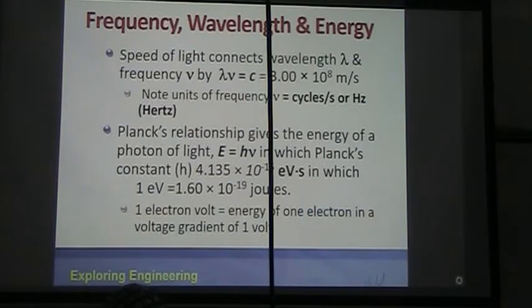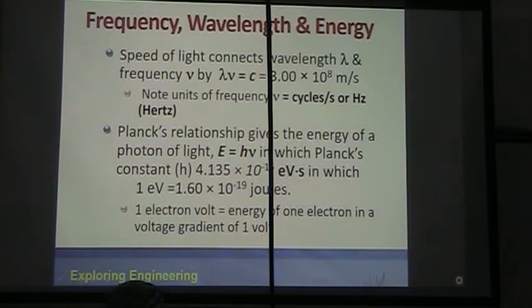All right, so E equals H times nu, Planck's constant, which is 4.135 times 10 to the negative 15th electron volt seconds.